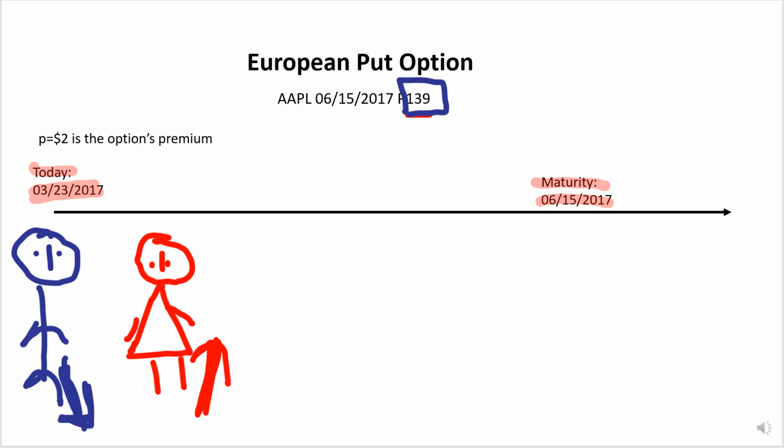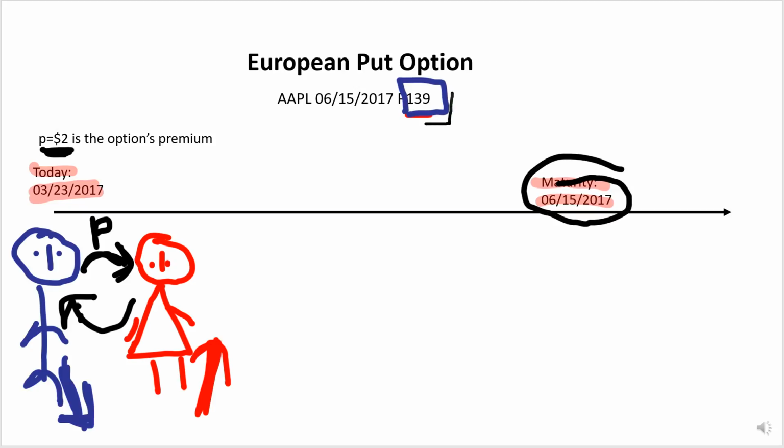So today, when they both enter into the contract, the long investor will be paying the premium to the short investor. The premium is $2 per share. So $200 are paid by the long investor in exchange for the right to sell 100 shares of Apple in the future at $139 per share.